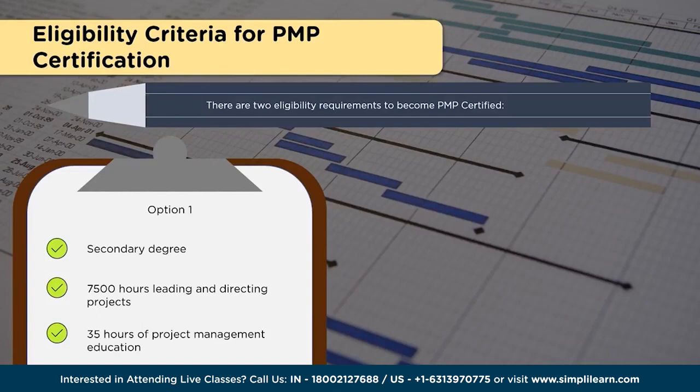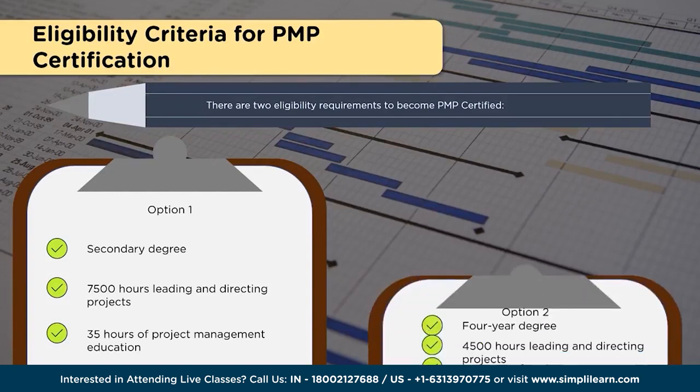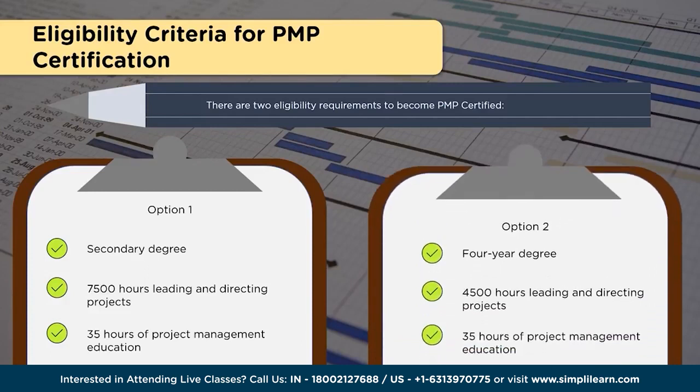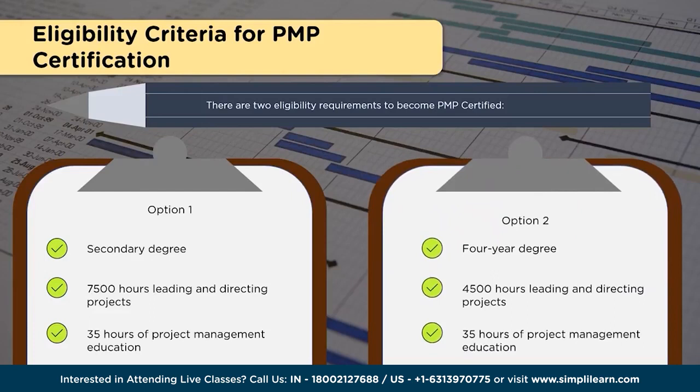Option 2, someone who has a 4-year degree and project management experience, leading and directing projects. This experience will be 4500 hours, whereas, as we saw in option 1, in option 2 also 35 hours of project management education is required, from a registered education provider like Simplilearn, as I mentioned earlier.